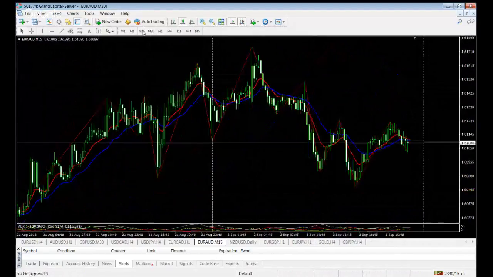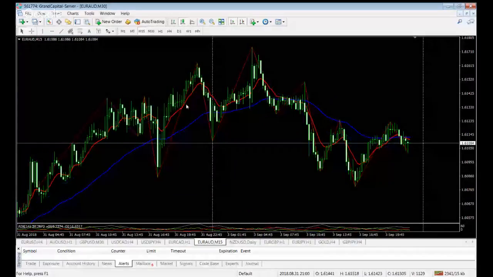So let me set a higher one. Let me change to a higher moving average so that I can have the proper way that you can trade this. I'm changing this one to 50. I'm changing this 10 maybe to 21.